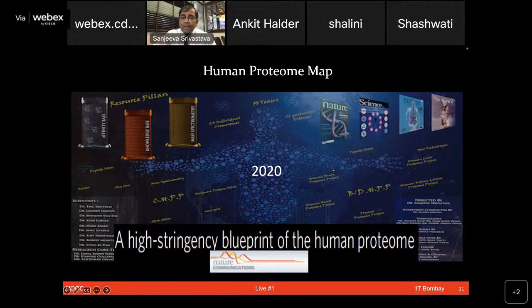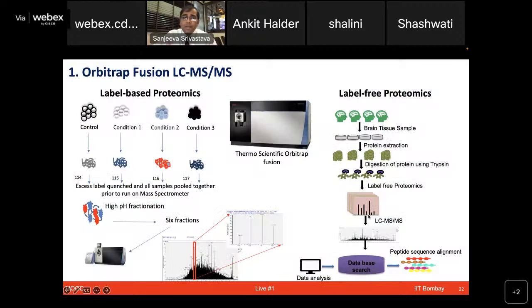And very recently in November 2020, the high stringency blueprint of the human proteome was deciphered, which aimed to look at very high stringent data analysis criteria, and it still revealed greater than 90.5% of the human proteome. It means we are getting close to making it 100% of gene-coded proteins, for which now we have experimental evidence from mass spectrometry. So this is the current status of this field.